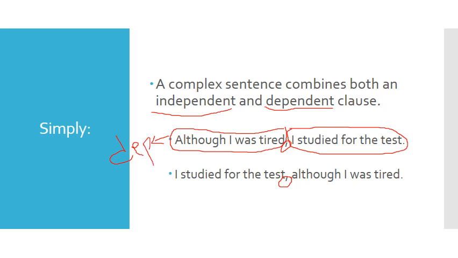But when I take the other part, I studied for the test, did you understand it? Yes, the subject studied for the test. Is there anything ambiguous? No, nothing is ambiguous. So here it is independent. Okay, and if you notice, what do I have in the dependent clause?